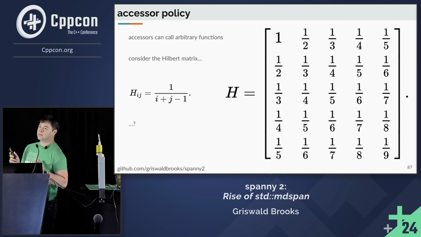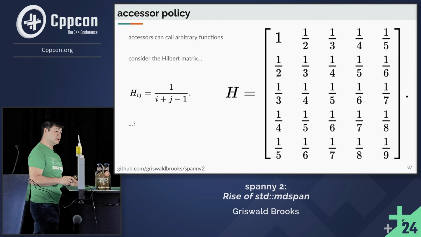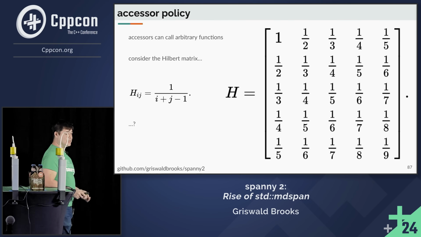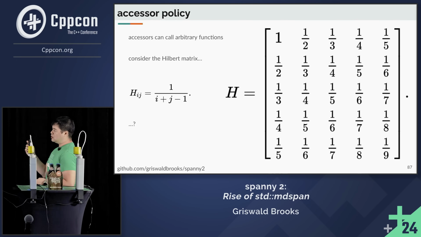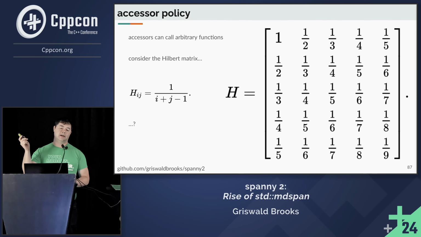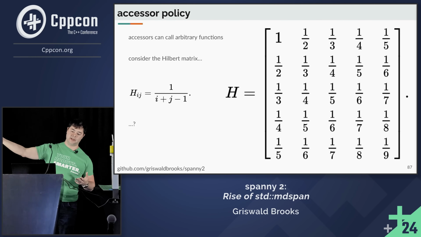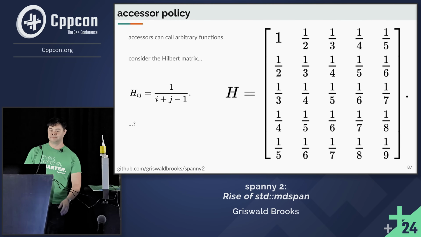So it's being used in this example because a Hilbert matrix is a matrix whose values are completely dependent on the indices. Whatever the indices are determine, though not uniquely because it's a symmetric matrix, what the values are. So you can see the elements there: 1 over i plus j minus 1. That's what a Hilbert matrix is.